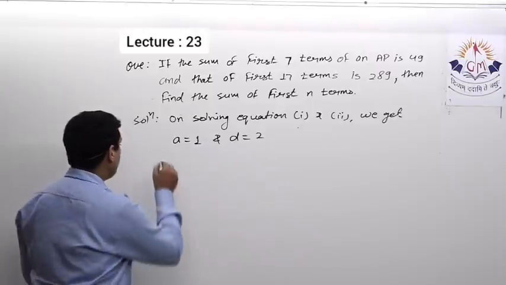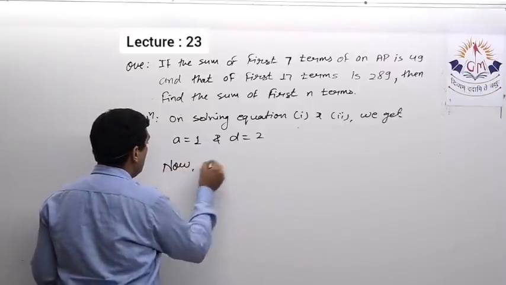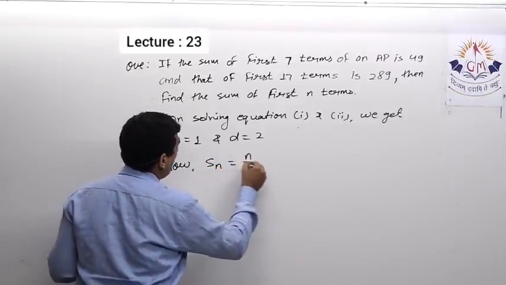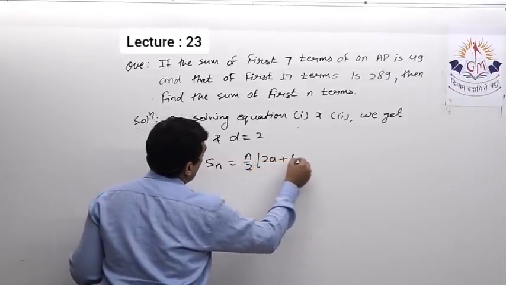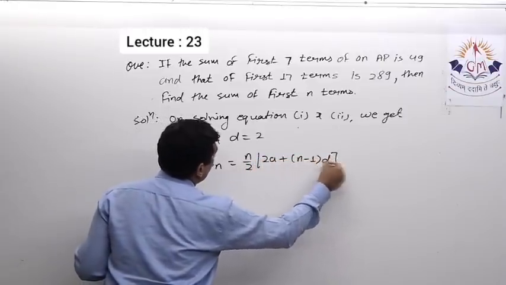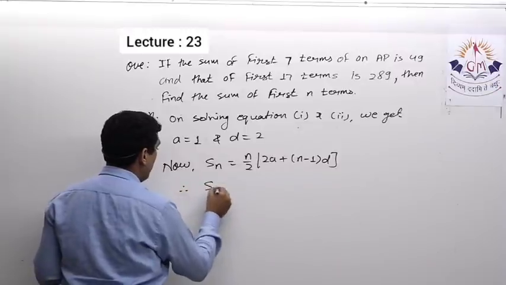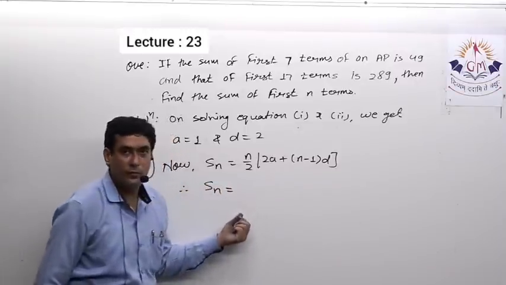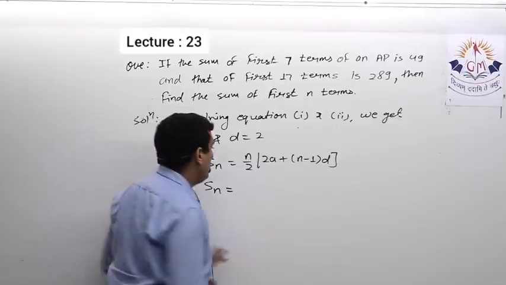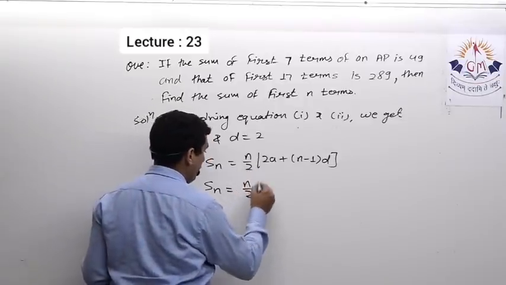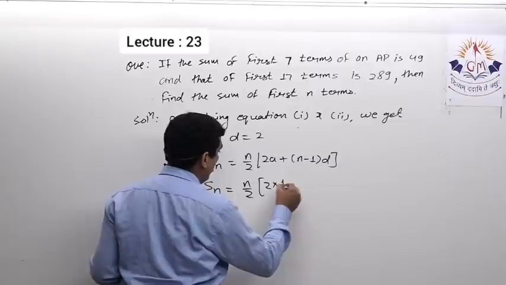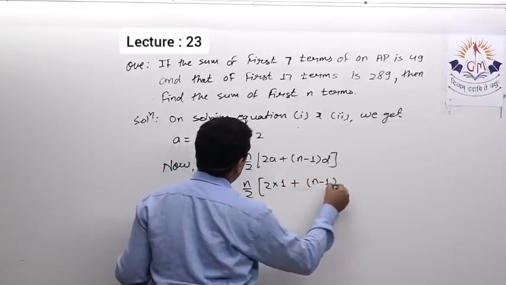So let us see. Now Sn is equal to n by 2, 2a plus n minus 1 into d. Here n is not given, we have to find it for n only. So n by 2, 2 into 1 plus n minus 1 into 2.